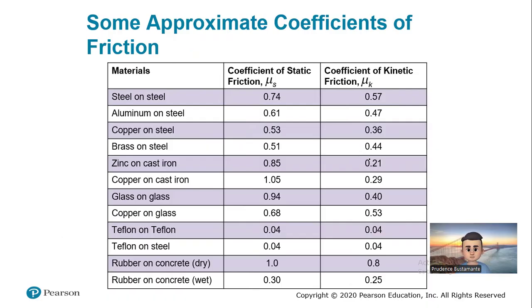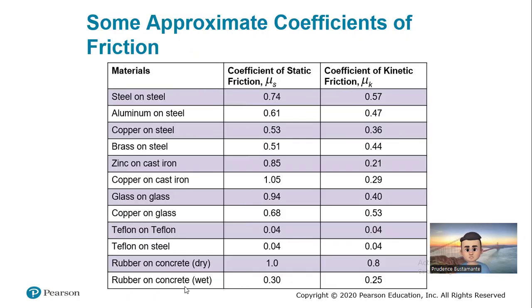So based on different materials, for example, here, very important. Whenever it is dry, the static friction between rubber and concrete is 1.0, and the coefficient of kinetic friction is 0.8.